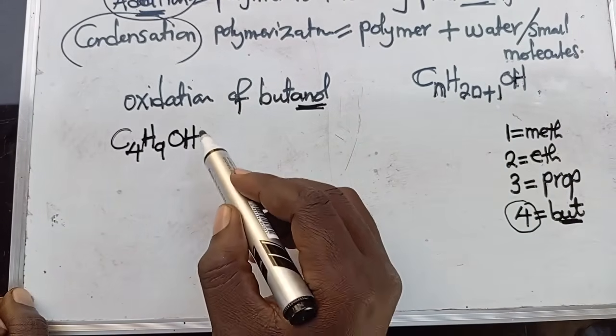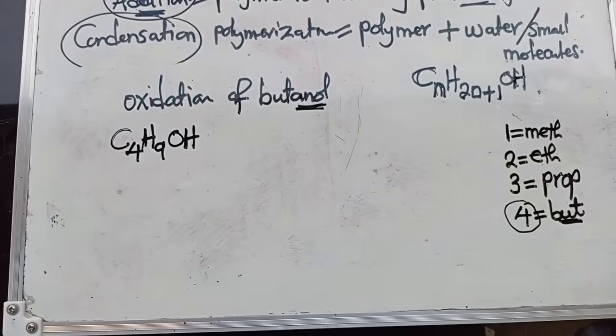This is OH. The OH we are able to see here is the functional group of an alcohol, which is called a hydroxyl.